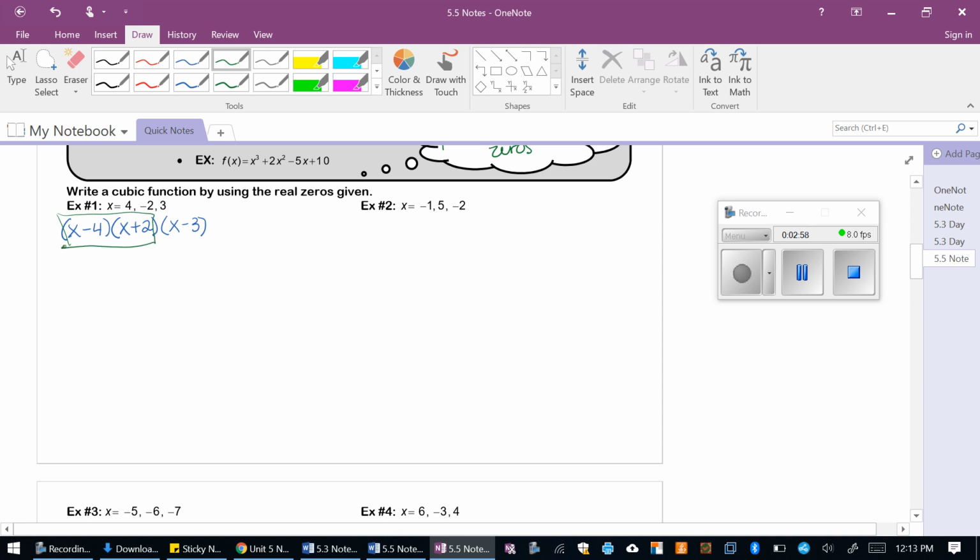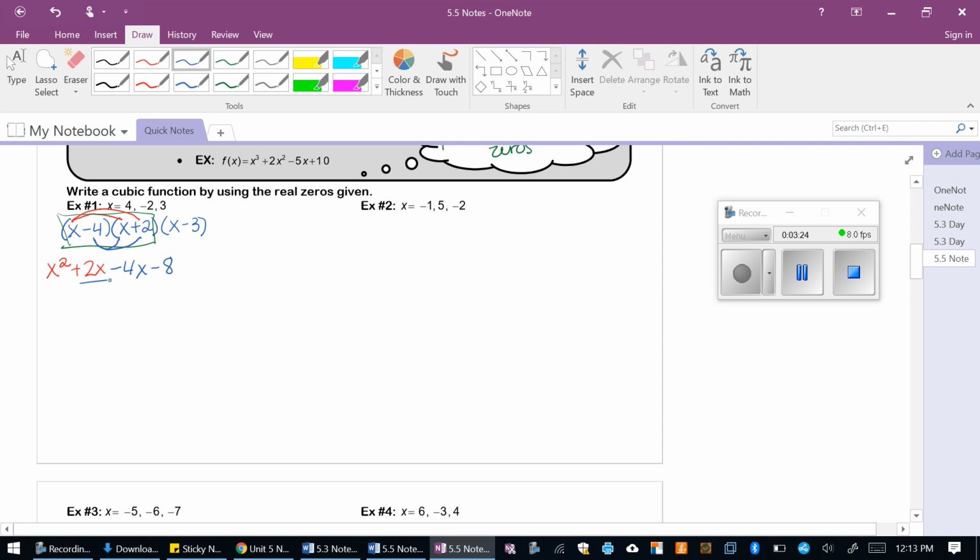We're going to take care of x minus 4 times x plus 2 first, and distribute. So x times x is x squared. x times 2 is 2x. Then we distribute -4. -4 times x is -4x. -4 times 2 is -8.